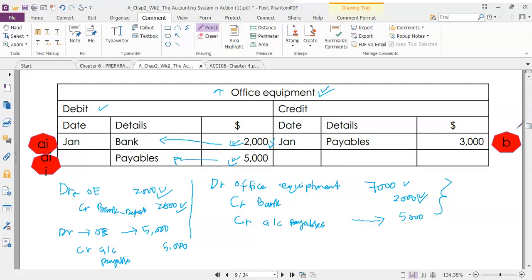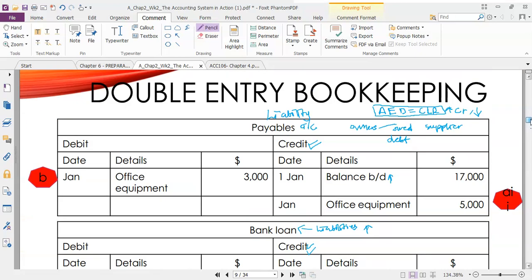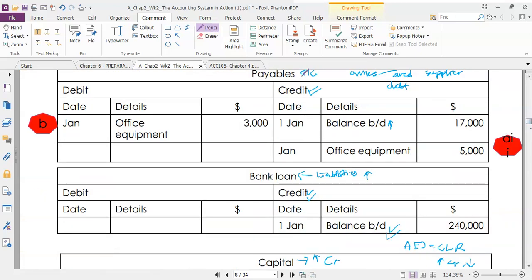So we look at account payable itself. Nampak? Account payables kita ada credit. Account payables kita bertambah, because of kita ada buat hutang dengan supplier office equipment. So bila account payable bertambah, we put it under credit side 5,000.